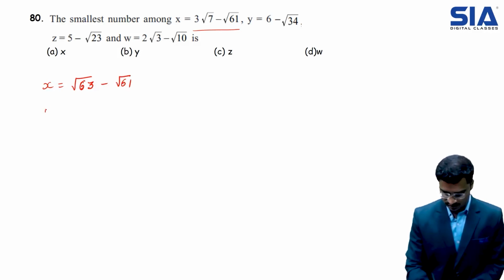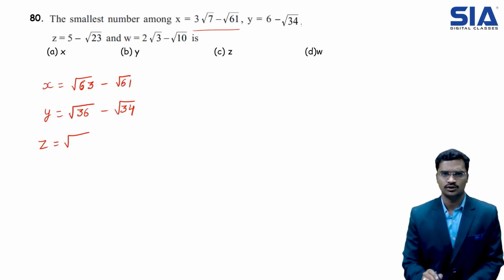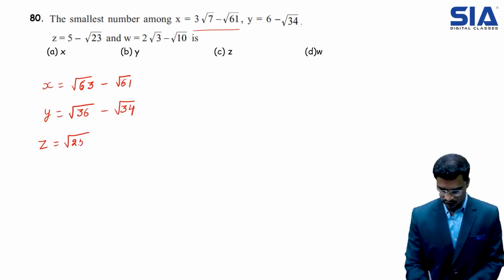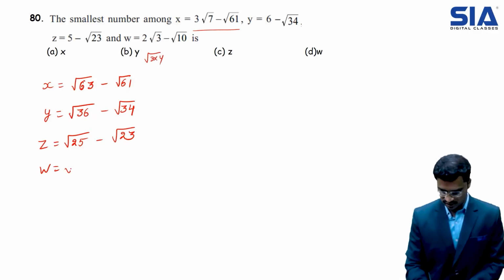In the same way, y can be written as: 6 can be written as √36, so √36 minus √34. And z also: 5 can be written as √25, so √25 minus √23. And w can be written as 2√3, which can also be written as √(3 into 4), which is √12 minus √10.